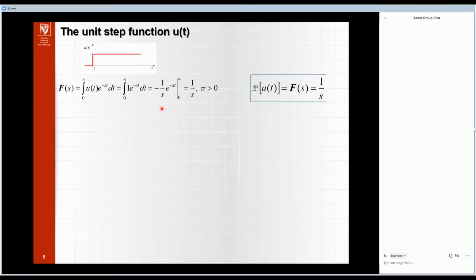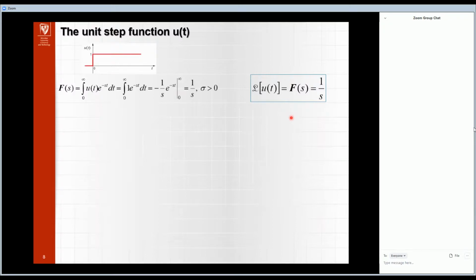As a result, we obtain that the transformation of the unit function is equal to 1 by s. So we can write that the transformation F(s) is equal to 1 by s.